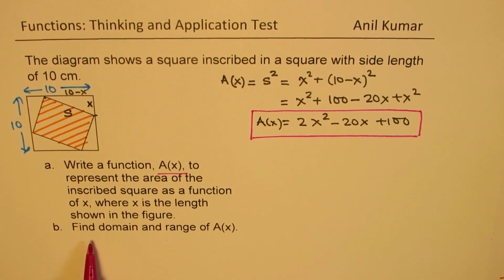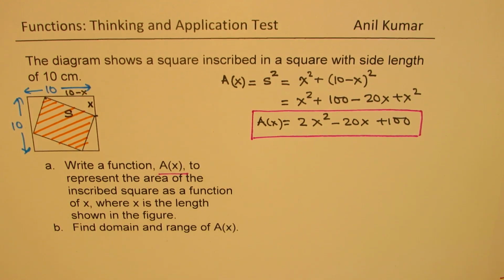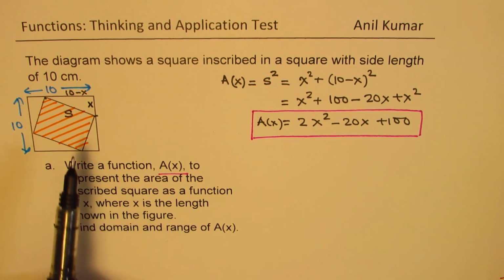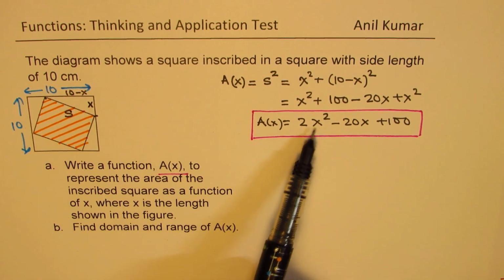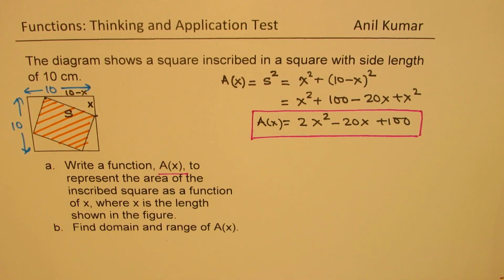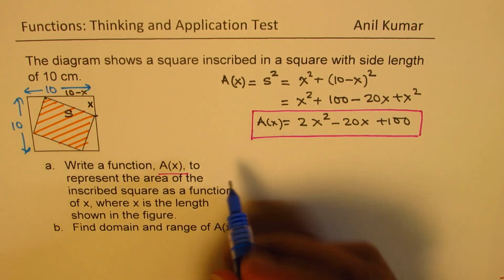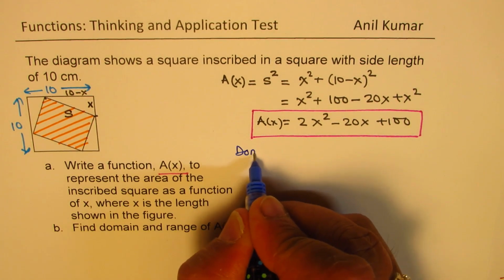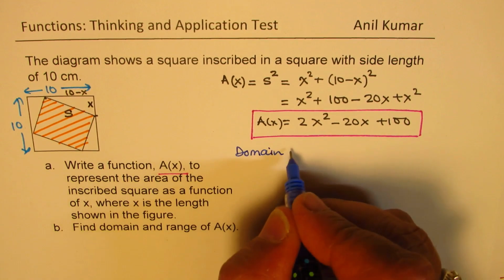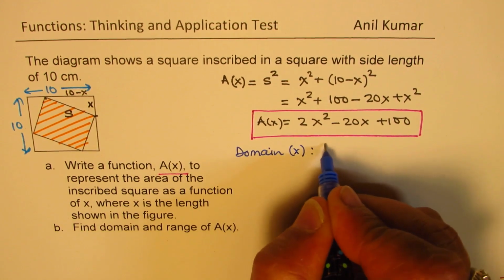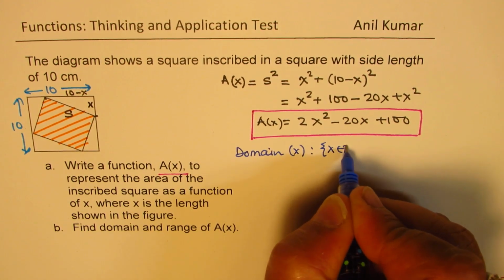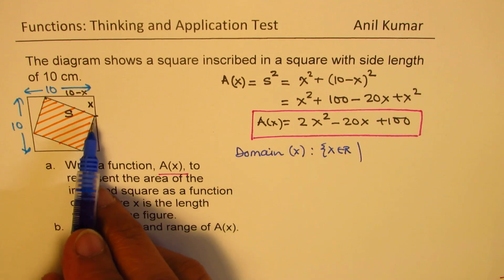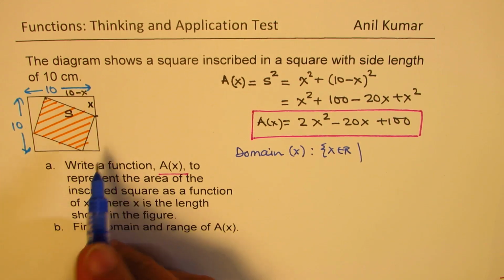Now, part B is find the domain and range of A(x), right? Now, as far as the value of x is concerned, we can say that the domain of x is what? So the domain of x will be x belongs to real numbers, where x can be 0 to 10, right?